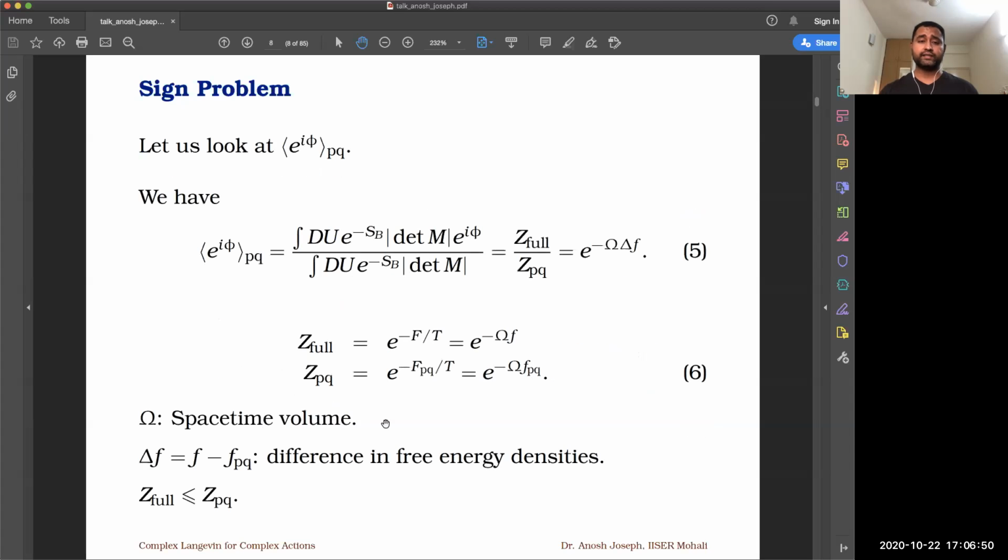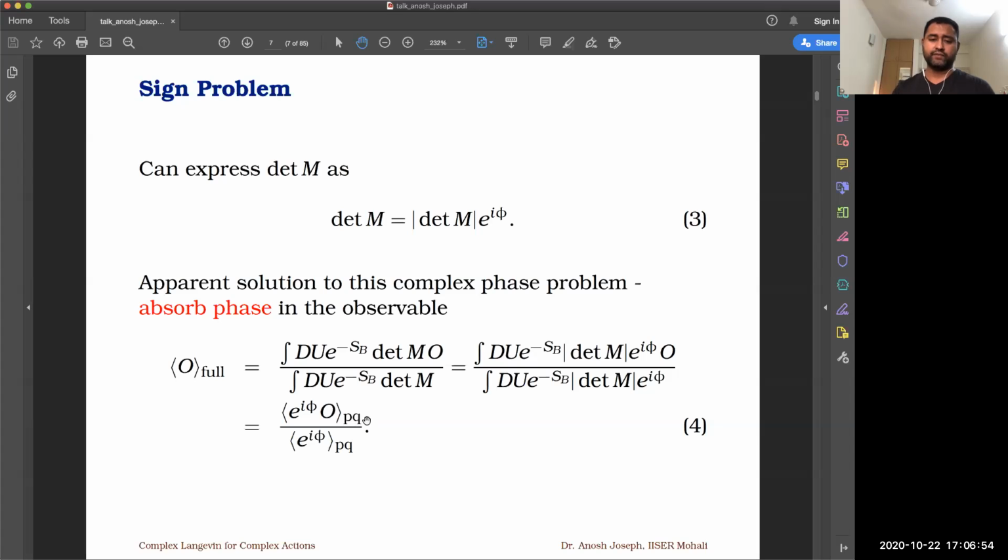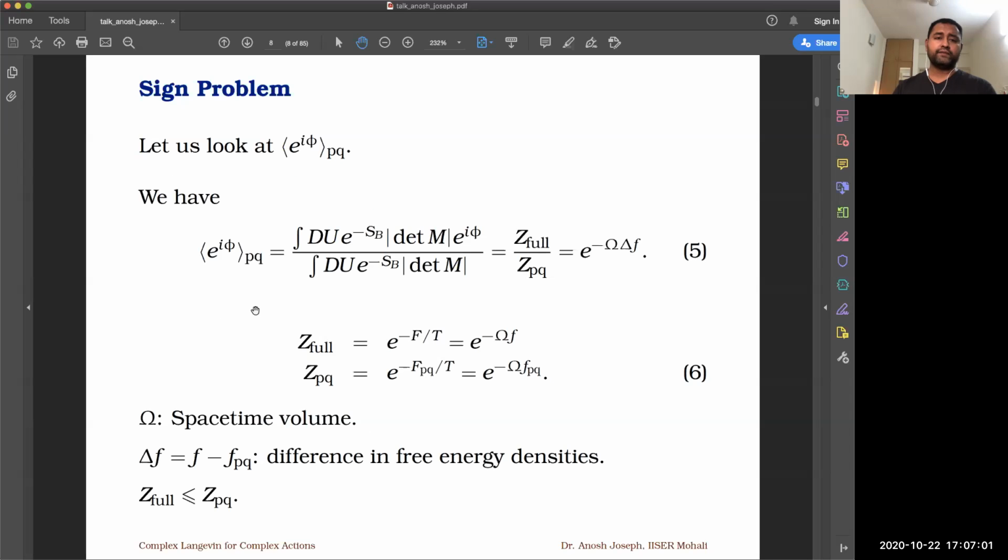Let's look at the expectation value of the phase. Here PQ means phase quenched, when we do simulations with only the magnitude of this determinant. That is why it's called phase quenched. The phase can be written as the ratio of two partition functions: Z full, the full theory, and in the denominator Z phase quenched.